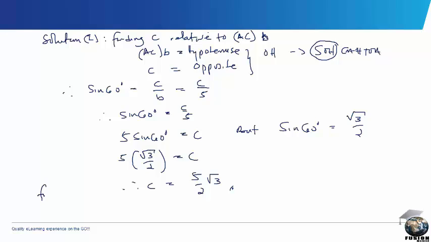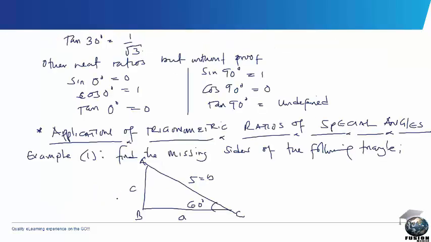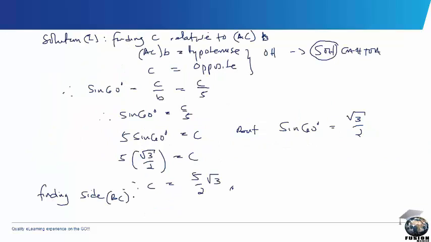Alright, so we go over into finding the side BC. Finding the side BC. Okay, and the BC side is as well the A side, relative to the given side AC. Alright, so we have the following.